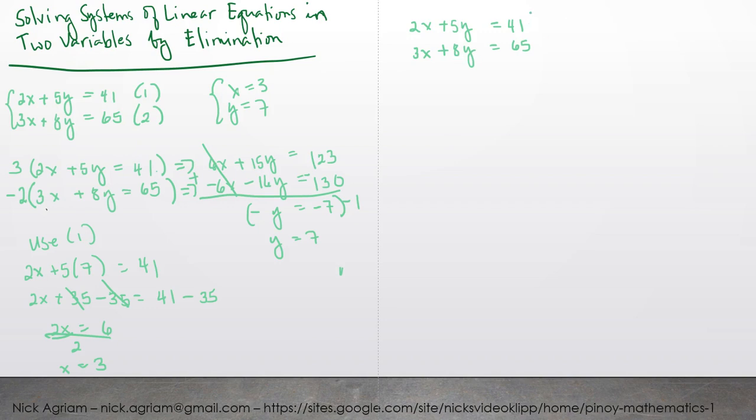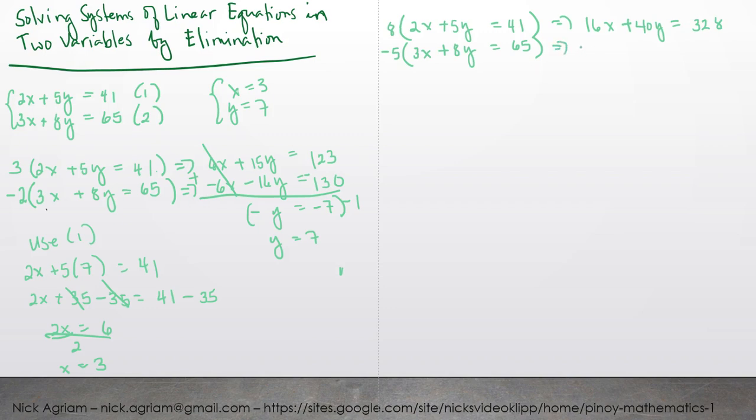So if I multiply the first by 8 and the second by negative 5, I will get 16x plus 40y is equal to 328.